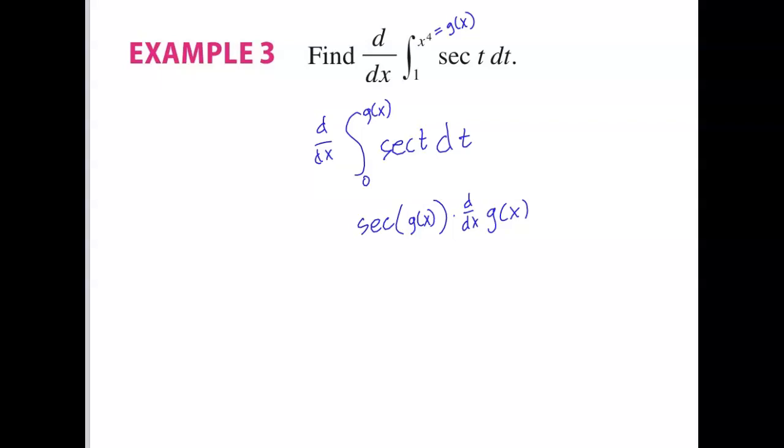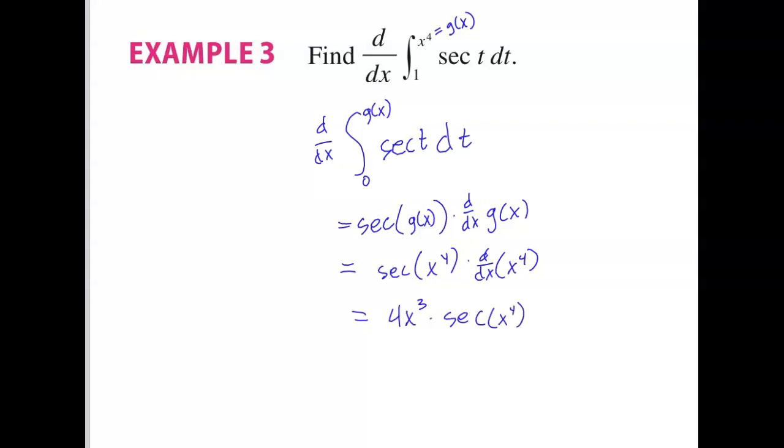So now that we've done that, let's go back to actually viewing g of x as what it is, which is x to the fourth. So I have secant x to the fourth times the derivative of x to the fourth. What's the derivative of x to the fourth? 4x cubed, right? So this is 4x cubed times secant x to the fourth.